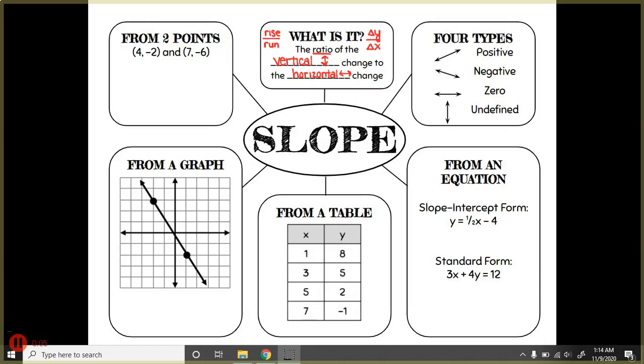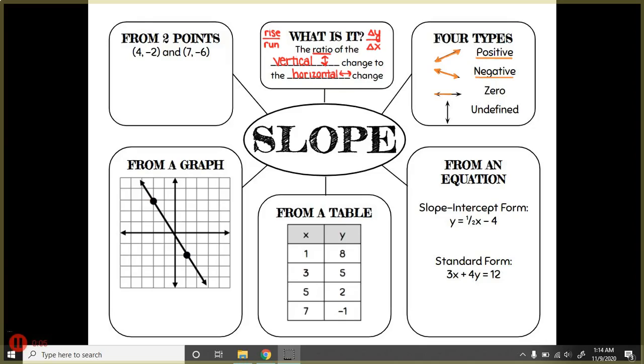We do have 4 types of slope. Remember, when we are looking at our slope, if it rises from left to right, like you're going uphill, that would be a positive slope. If you're reading from left to right and it's going downhill, that is going to be a negative slope.